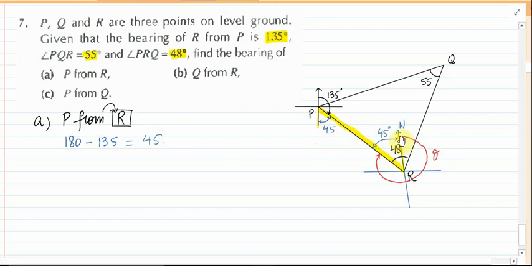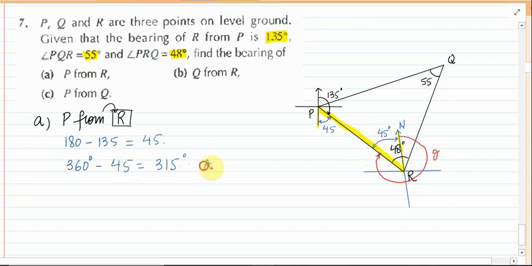We know that if we start from the north and move until we get back to north again, we cover the angle of 360 degrees, right? And in this 360 degrees I don't need this 45 part because I need to stop here. So it will be 360 minus 45, it will be 315 degrees, right?